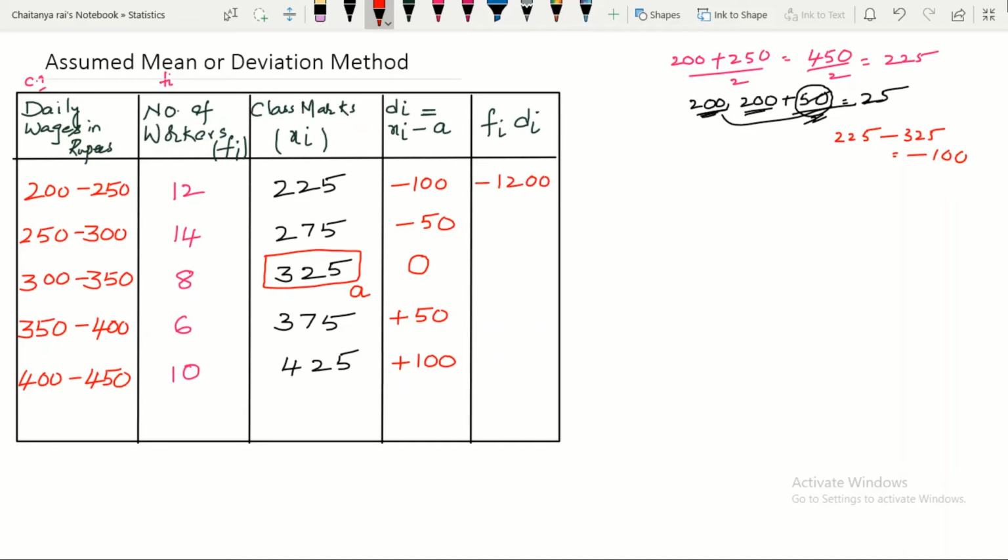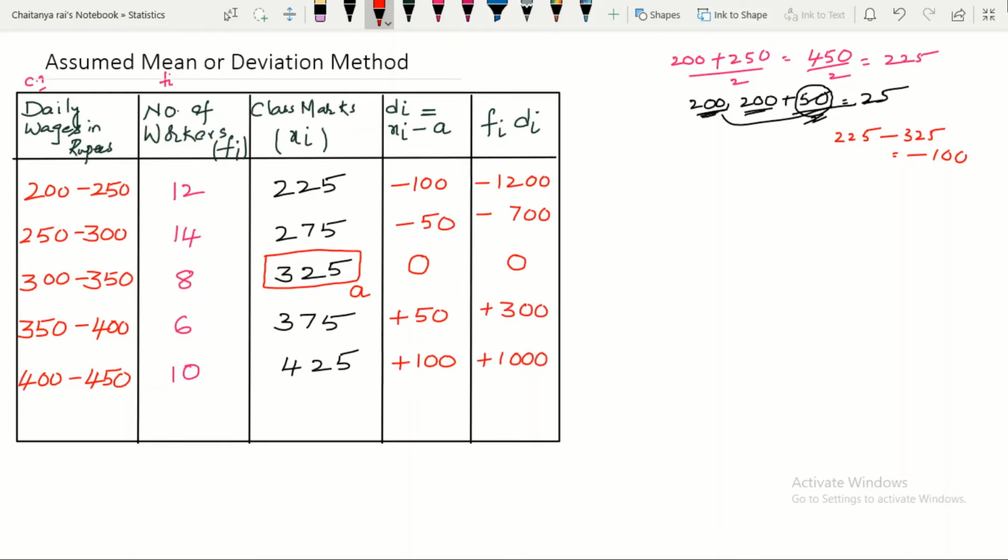Similarly, 14 into negative 50 is negative 700. Similarly, 8 into 0 becomes 0. 6 into 50 is a positive number, so this becomes 300. 10 into 100, again a positive number, becomes 1000.